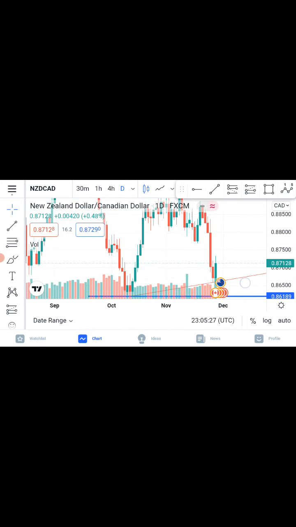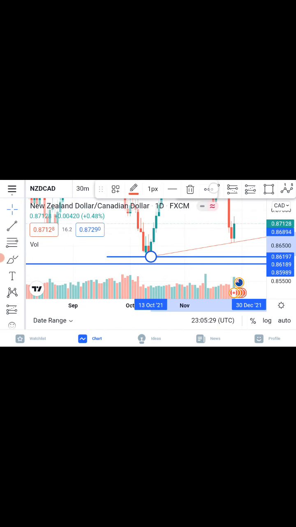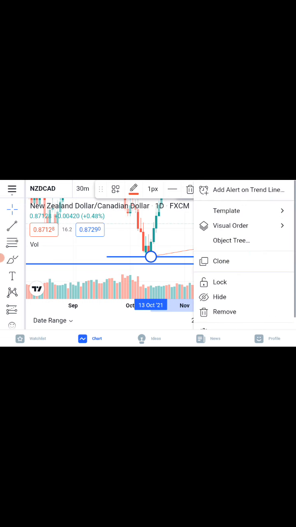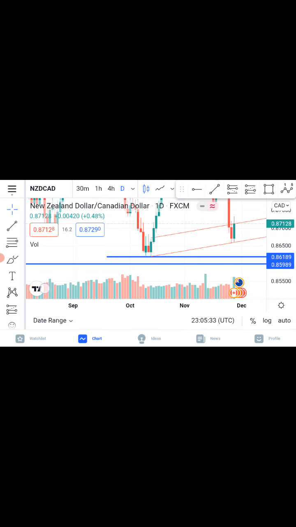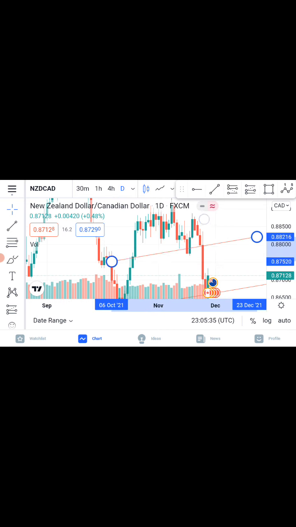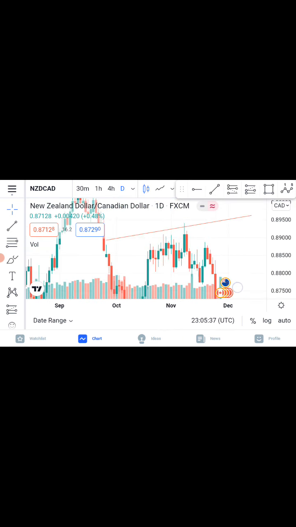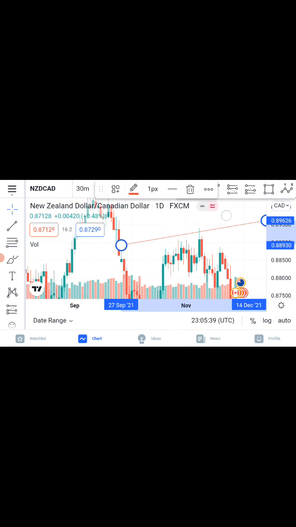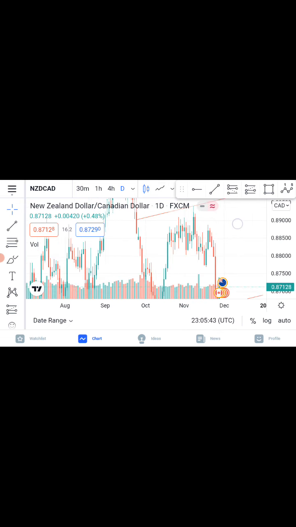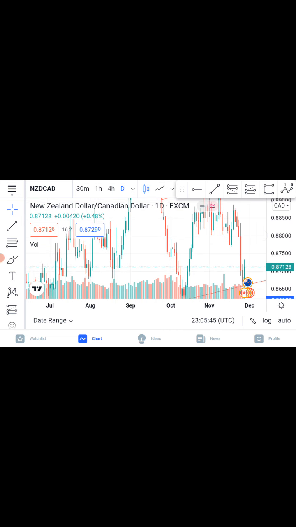See, so on a daily trend, I'm looking for a buy for NZDCAD. So clone, then move it to the top over there. I should cater for the last bit there. Then from there, I might as well identify this market key level over here.